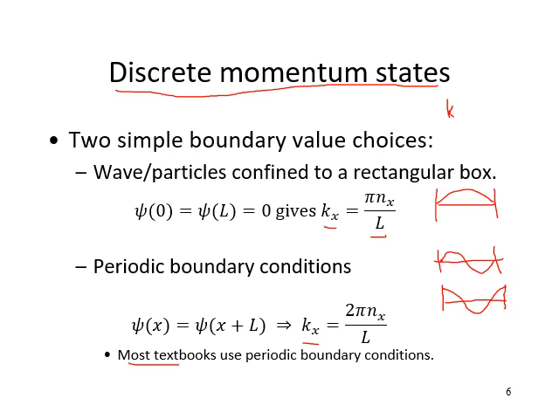That's because that's the standard way of analyzing things in solid state physics. For particle physics, they would probably use the upper one, where the wave function must be 0 on the boundaries.